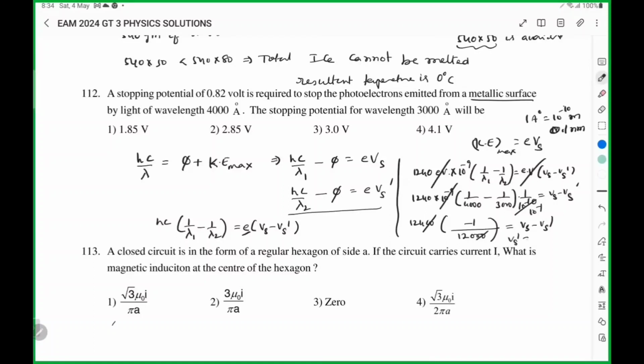So Vs dash will be Vs plus 124 by 120. Here Vs is 0.82, it is roughly 1.03. We get 1.85 volts.